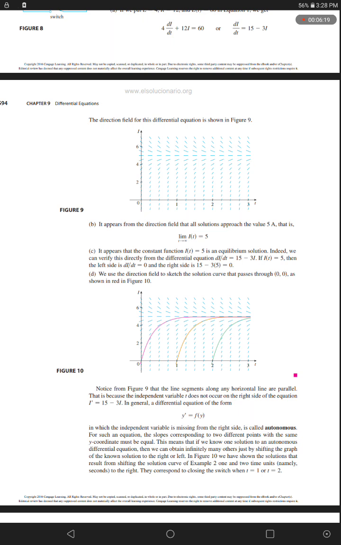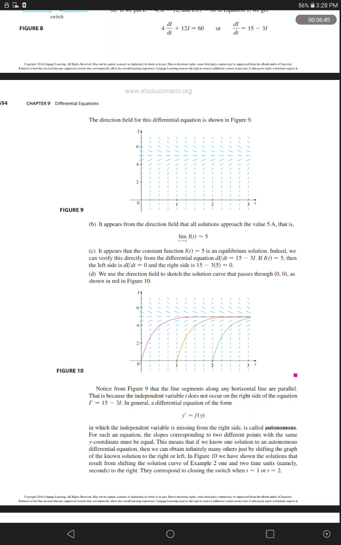Indeed, we can verify this directly from the differential equation, dI/dt equals 15 minus 3I. If I(t) equals 5, then the left side, dI/dt, equals 0, and the right side is 15 minus 3 times 5, which equals 0.